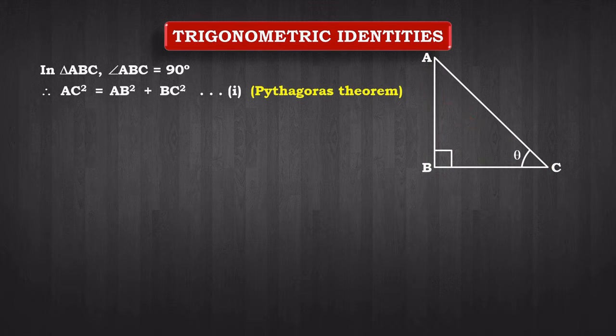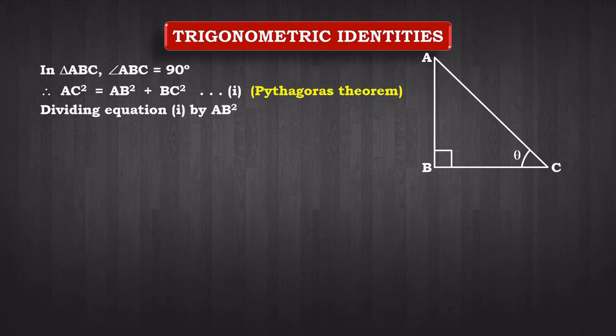Now, let us derive another important trigonometric identity. Consider a right triangle ABC, where angle ABC is 90 degrees and angle C is theta. According to the Pythagoras theorem, AC squared is equal to AB squared plus BC squared. Now divide the entire equation by AB squared.